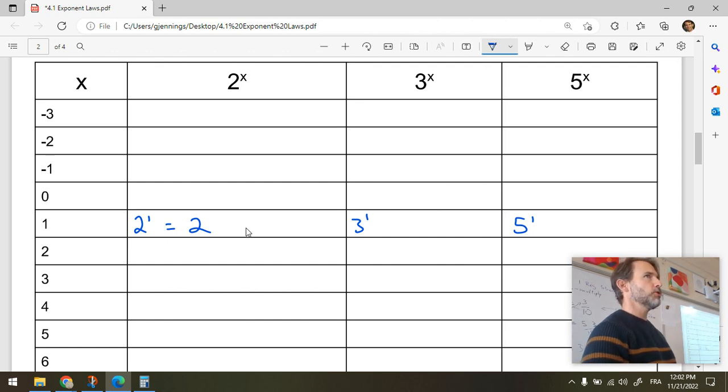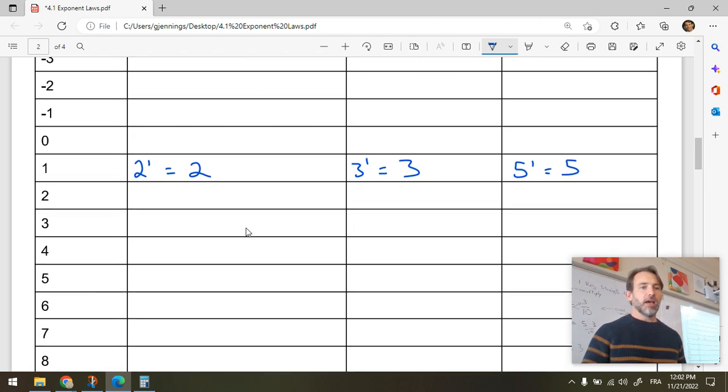Multiply by 2 once is 2. I'm 42 to the 1 years old. No one's ever been 42 to the 2 because that's a really big number. 42 times 42, no one's that old. But raising a number to the power 1 is just that number, so you could put that in there as 3, 3, and 5. Okay?